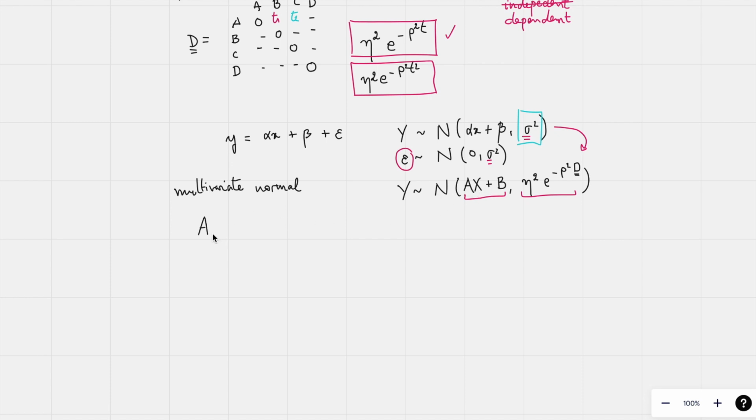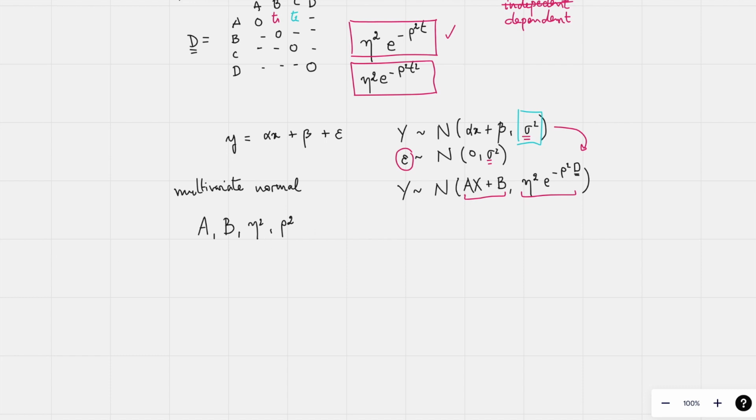We also have another parameter which is a beta, but I'm going to write B as here. And we have two other parameters, eta squared and rho squared. So we went from a situation having three parameters to a situation with four parameters.